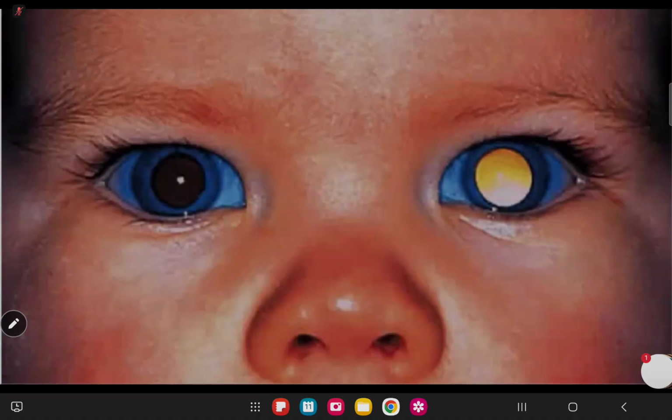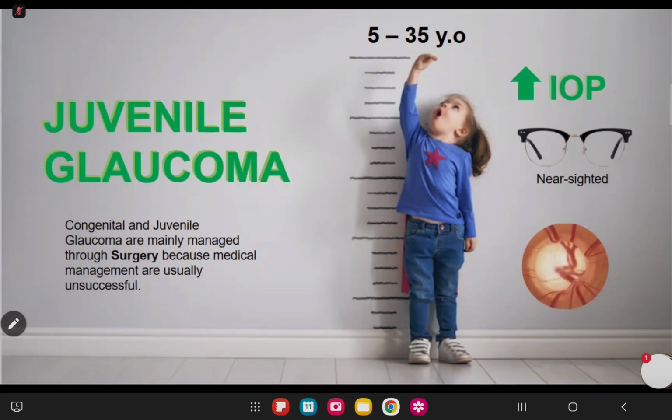So for these patients, after we provide the medical management, we also plan for surgery as well. Since in children, the growing eye stops the normal drainage of your aqueous. Thus, we do early surgery. The medical management is usually unsuccessful.